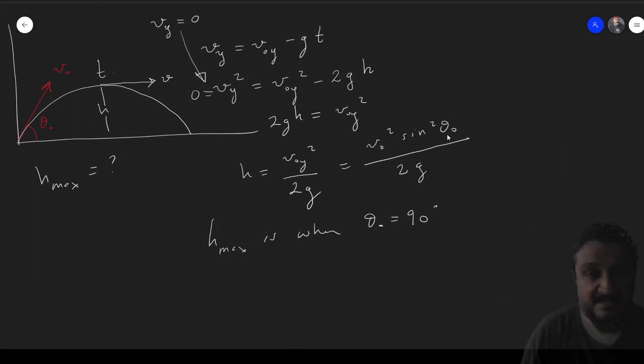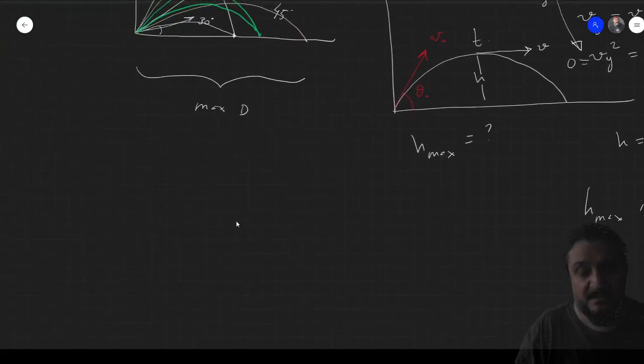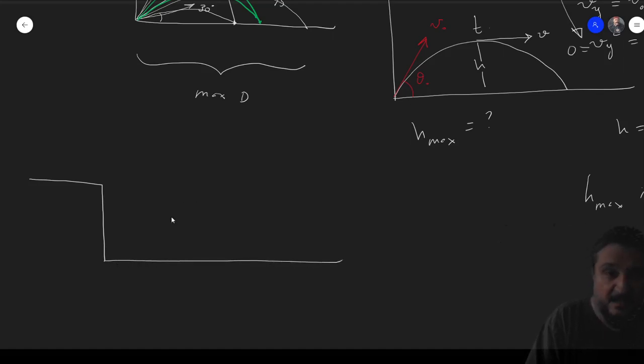You could ask what would be the height when you have the maximum range. Then you would just plug in 45 there. Now there is another problem of finding the maximum distance when you're kicking the object from a height.